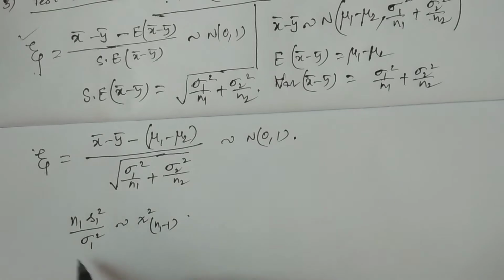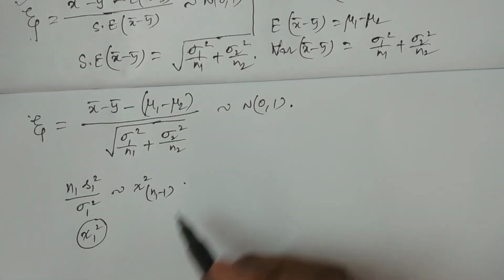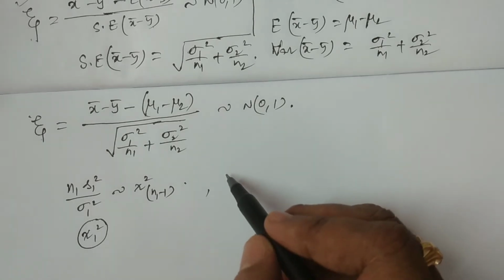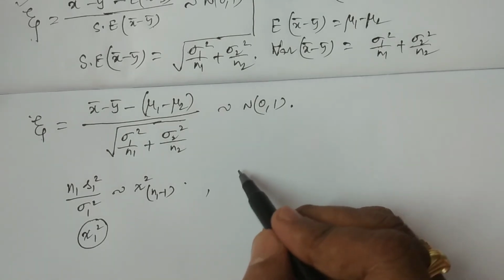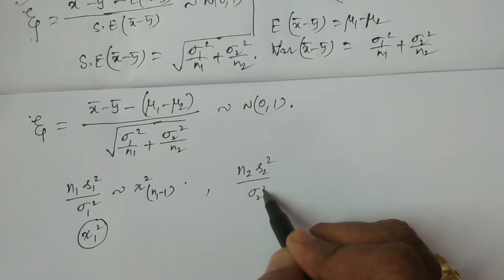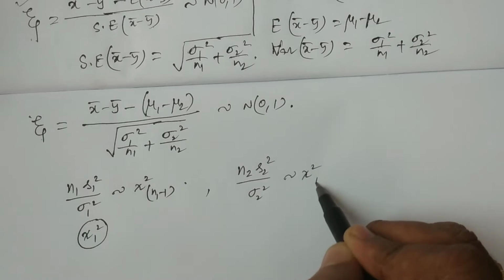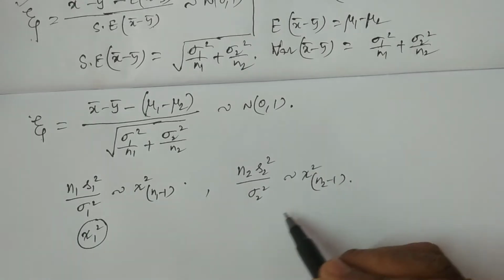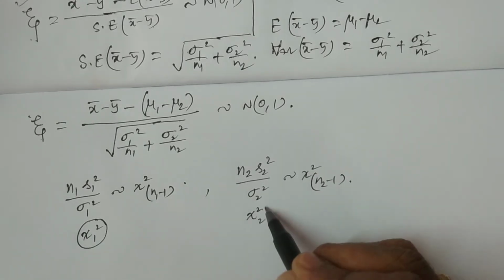Similarly, for the second population, chi2 square is n2 s2 square divided by sigma 2 square, which follows a chi-square distribution with n2 minus 1 degrees of freedom.